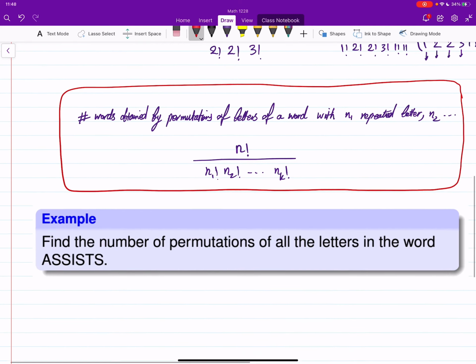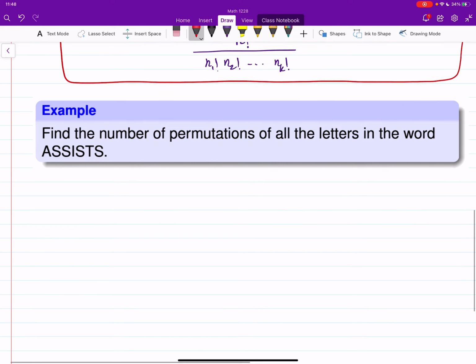Well, let's finish this video with another example. Here we want to find all the words that we can make out of the letters of the word "assists". In total 1, 2, 3, 4, 5, 6, 7, so 7 letters.